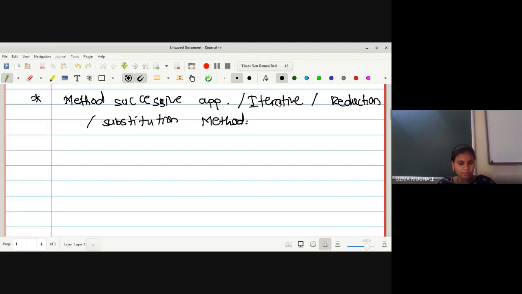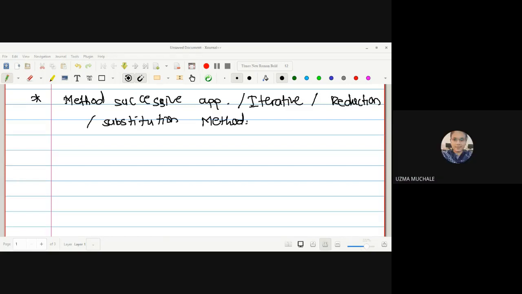What is the successive approximation method? What do we do in the successive approximation method? The question may be: explain the method of successive approximation, or explain the iterative method, or the reduction method, or we can say the substitution method.